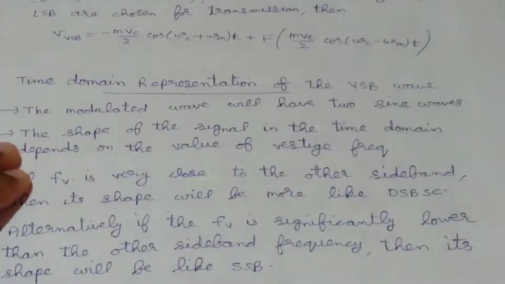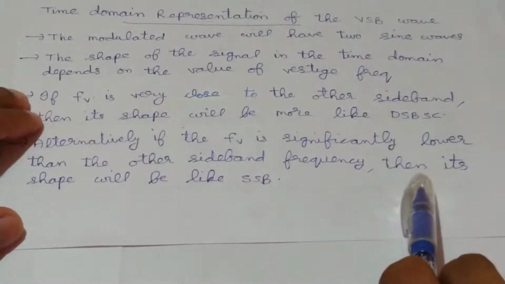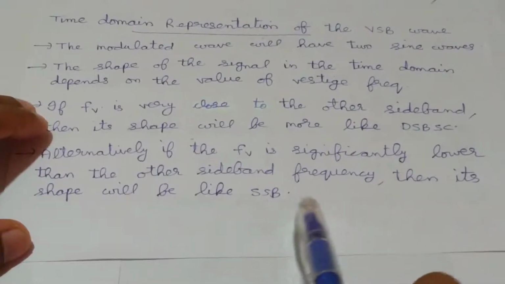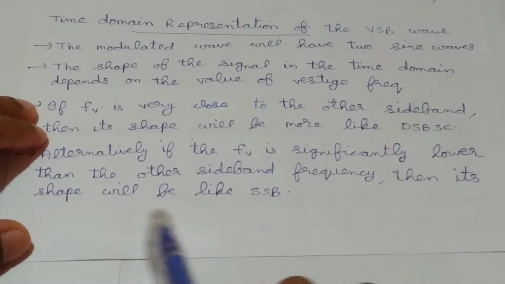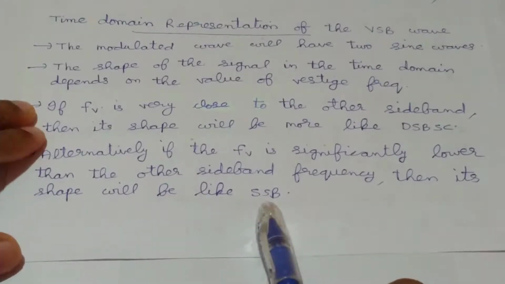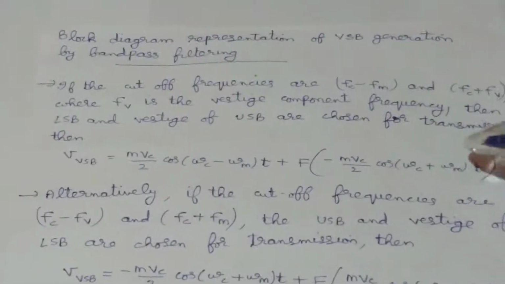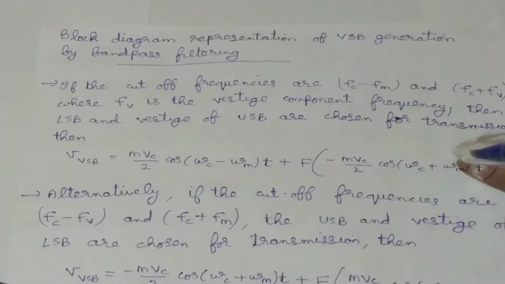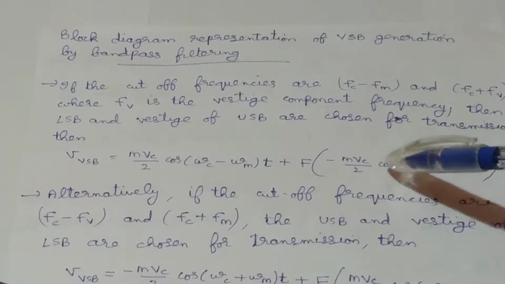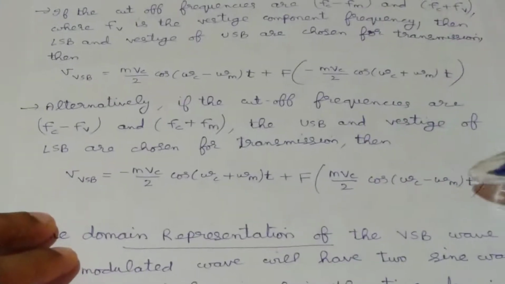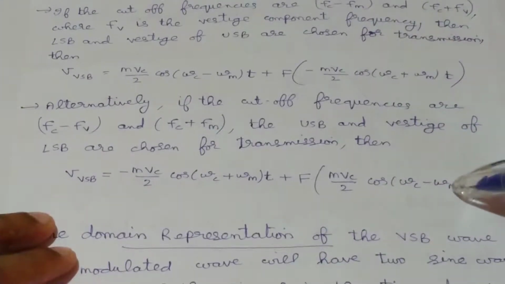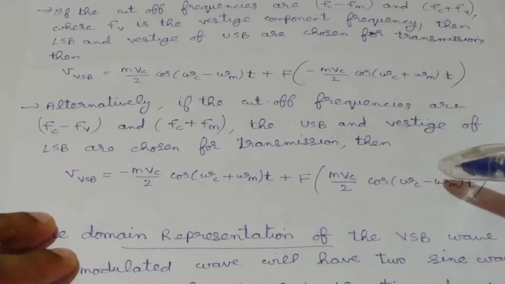Then if Fv is significantly lower than the other sideband frequency, then its shape will be like single sideband, because when Fv is very small, then when we consider this fraction, that Fc plus Fv component lies very close to Fc frequency, and here that Fc minus Fv component lies very close to that Fc frequency.